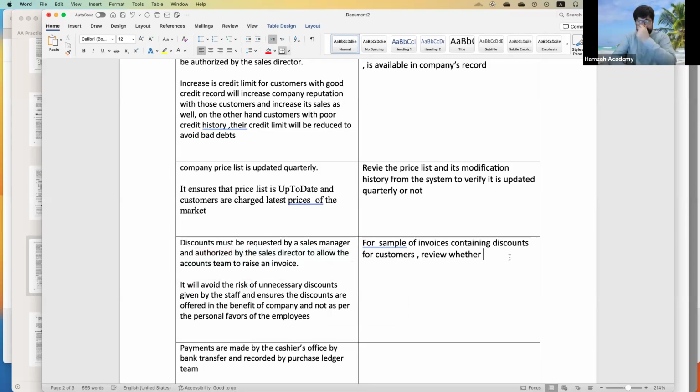So whether approval of the discount was received from the sales director or not.